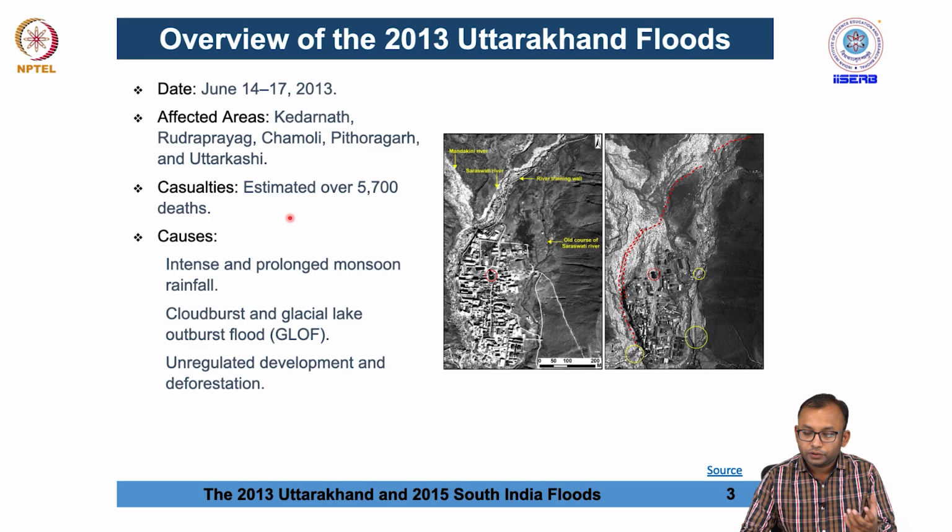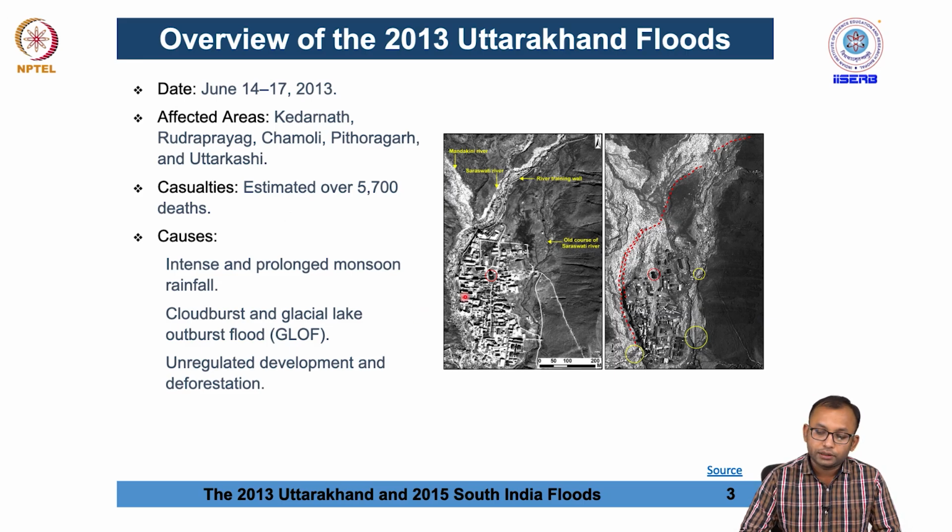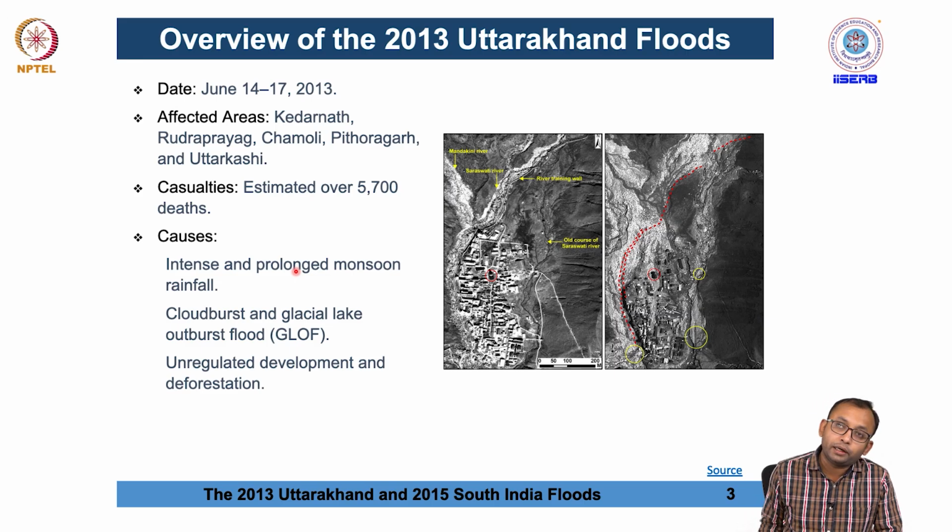There was a lake upstream of the Kedarnath area, Chorabari Lake, which was heavily filled with water. During 14th to 17th June 2013, a very intense and prolonged monsoon rainfall event occurred, with a return period of magnitude crossing above 100 years.